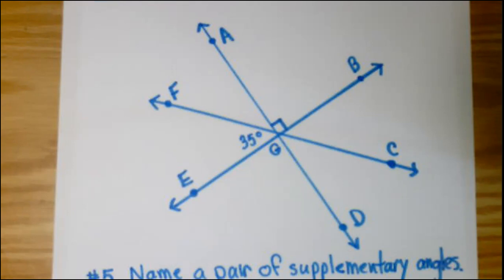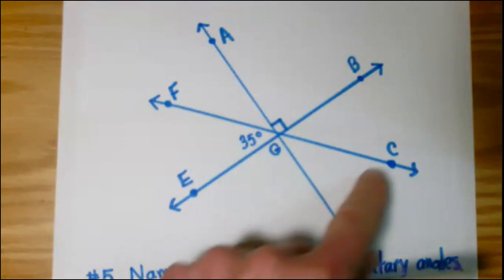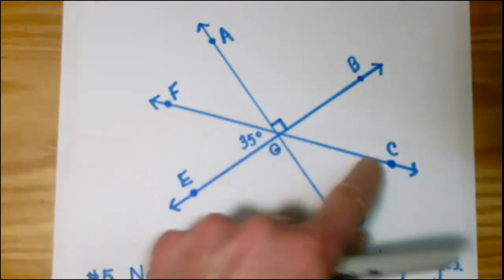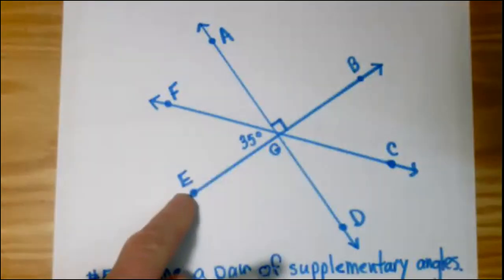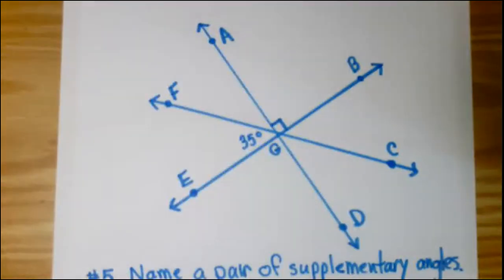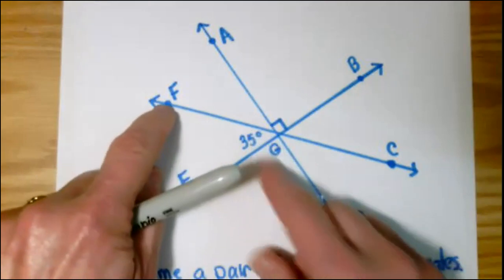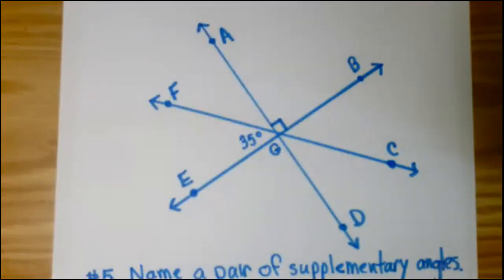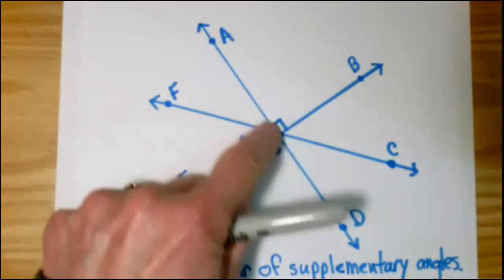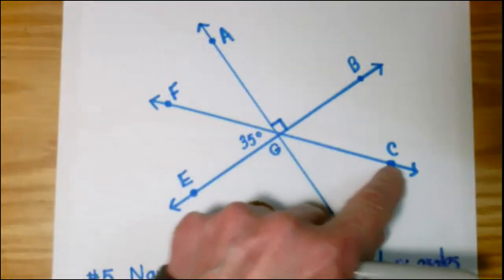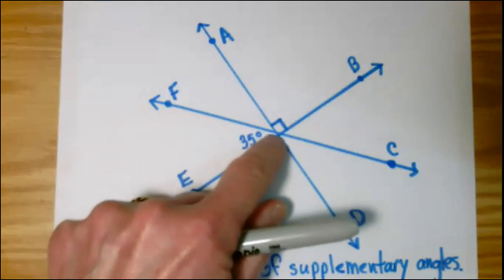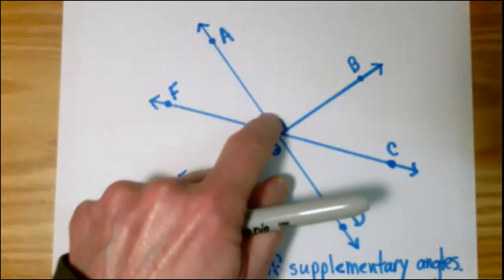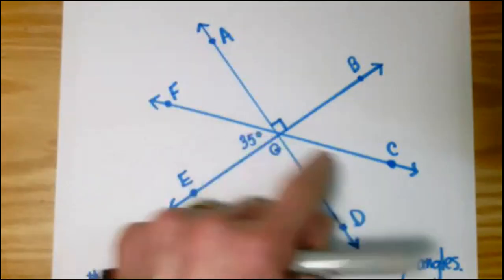Supplementary angles, there's several we could pick from, right? Any two angles that are on a line. Here's a line, here's a line, here's a line. So we could take these two, FGA is on the line of AGC, right? Don't get mixed up with this one in between. So this angle and then this angle right here and right there is on a line, right?